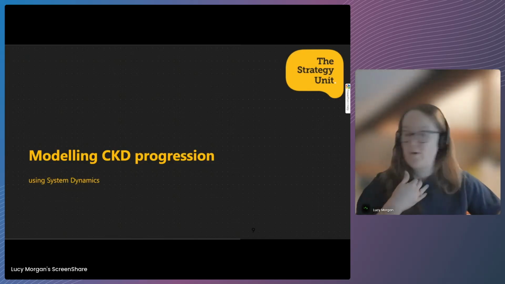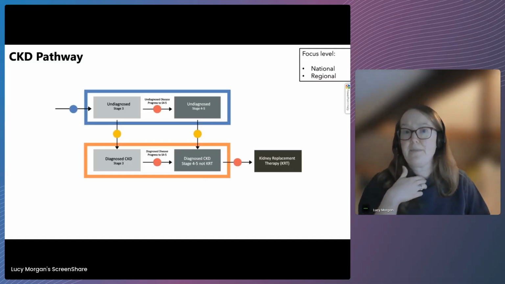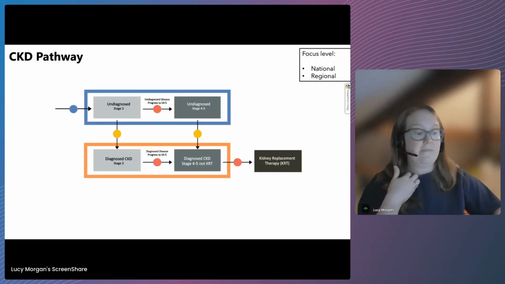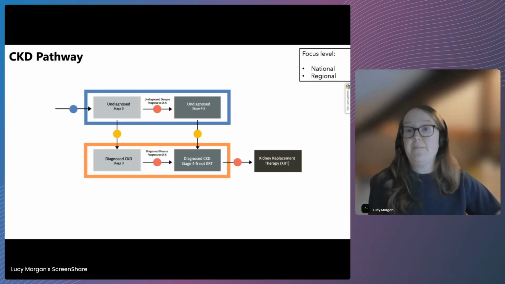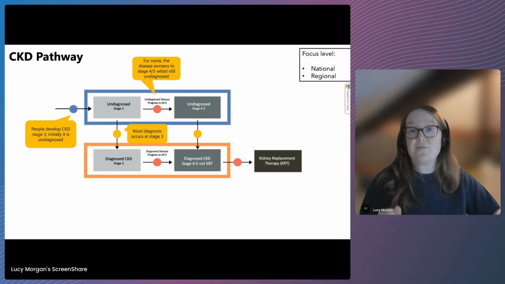So let's just have a quick look at the CKD pathway. In our CKD pathway, people enter the system developing CKD, initially stage 3. It's actually really hard to detect earlier stages of CKD, so we've let data govern that we start at stage 3 here. Initially they're undiagnosed. Most diagnosis occurs at stage 3, but some of them will worsen to stage 4 and 5 while still undiagnosed.